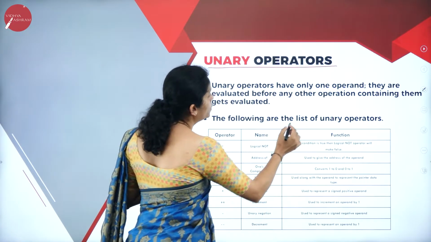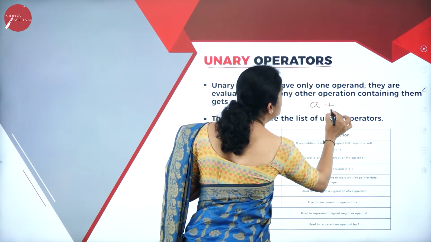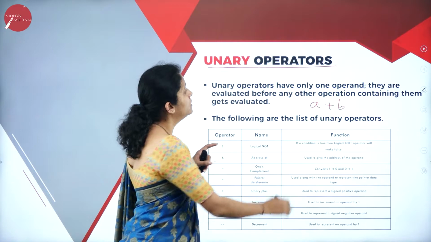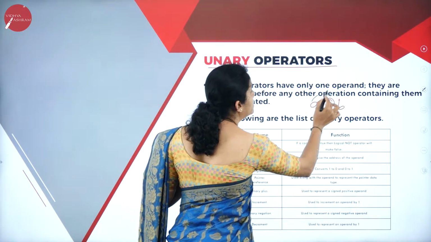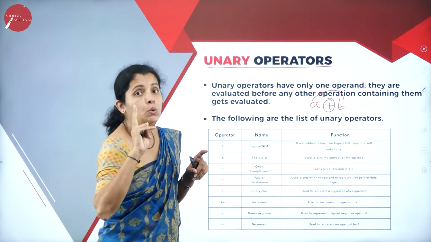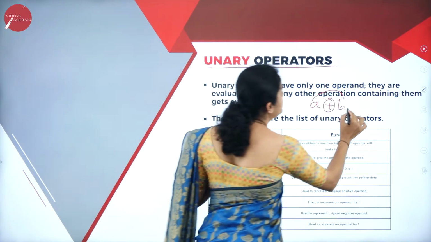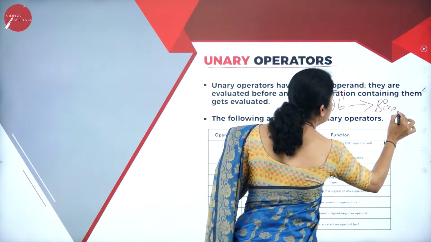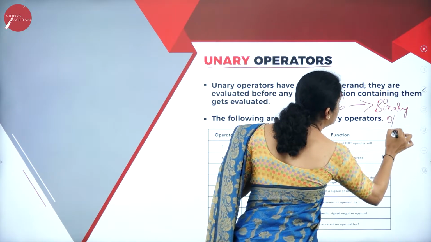Suppose I have A plus B. How many operators do I have? Only one operator, and I place that operator between two operands, and these kinds of operators are called binary operators.